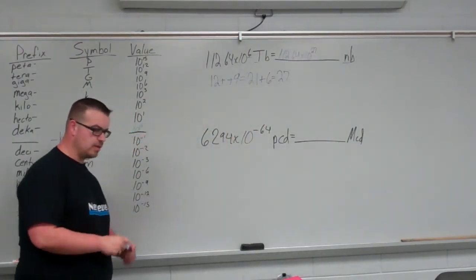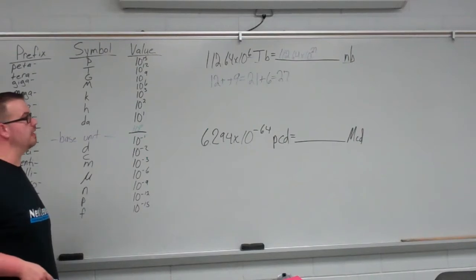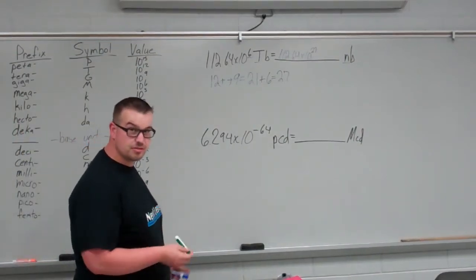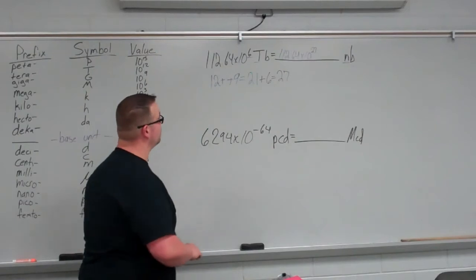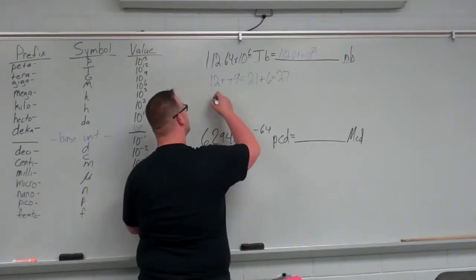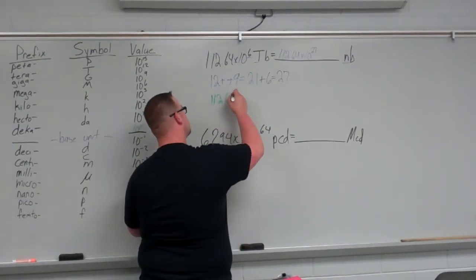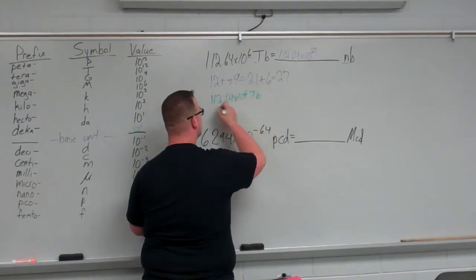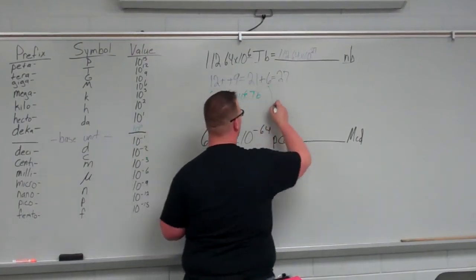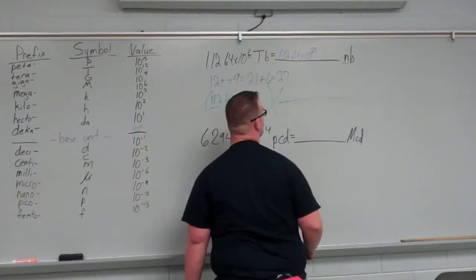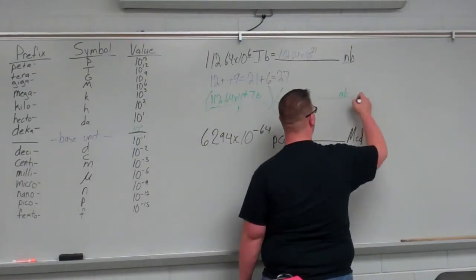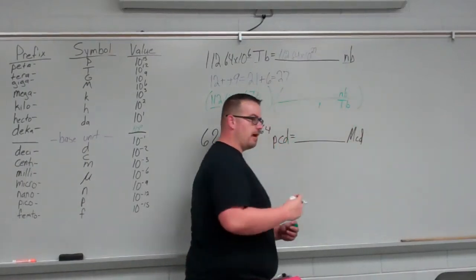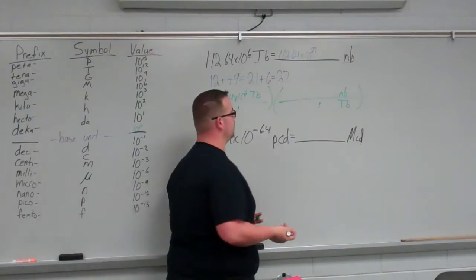Okay? Now if you go with method 2 here, it's not going to be that bad. You're not going to have that extra step because you are going to take care of that exponent starting off right here. When you do the 112.64 times 10 to the 6 terabytes, you're going to set that over 1, and you're going to multiply it, nanobytes on top, and terabytes on the bottom. 1 terabyte, because terabyte is a large quantity measurement, and that's what we want.